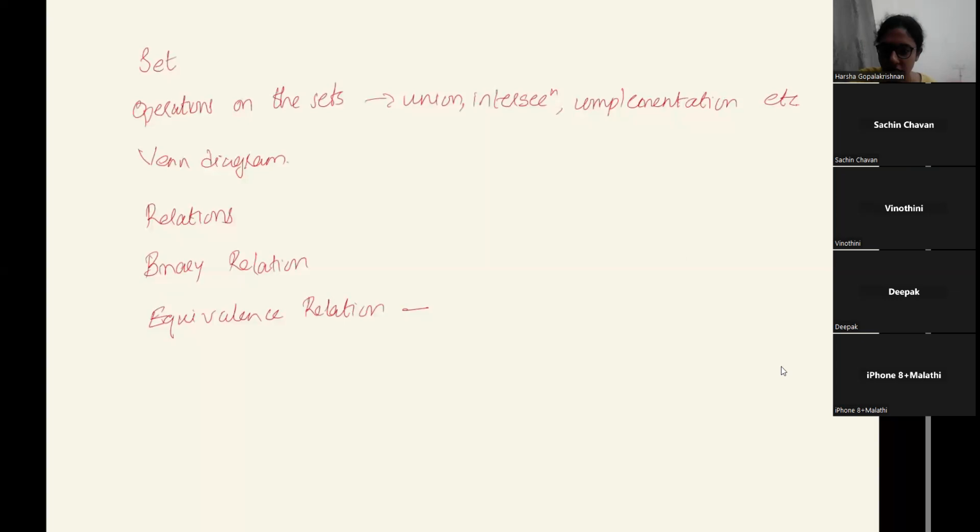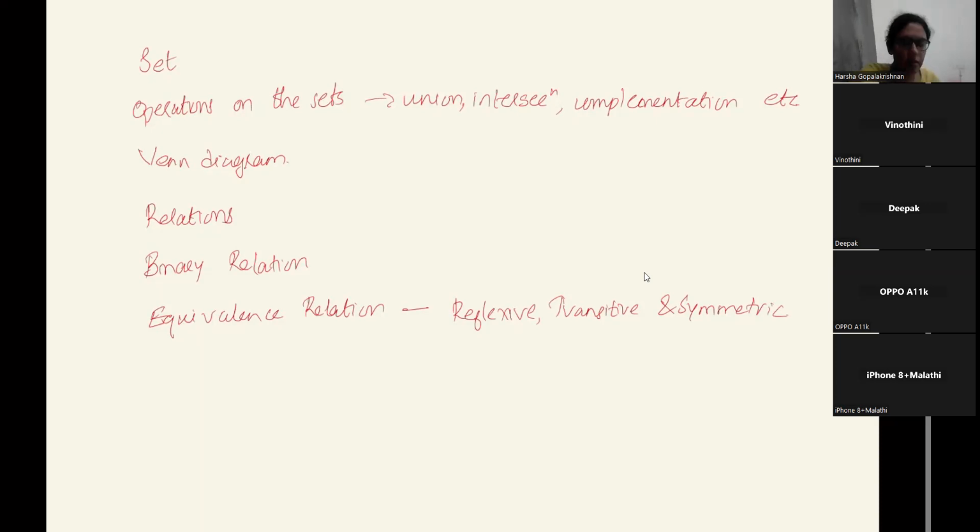Yes, equivalence relation means the relation should be reflexive, transitive, and symmetric. I hope you all know these 3 words and the definitions of reflexive, transitive, and symmetric. Otherwise, when we go through the questions, we will get to know.